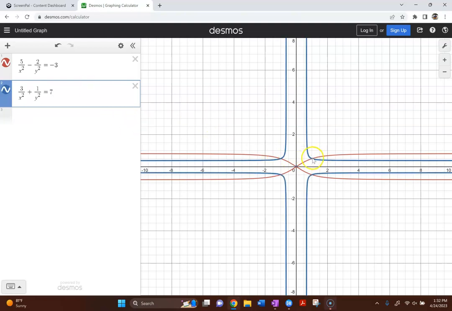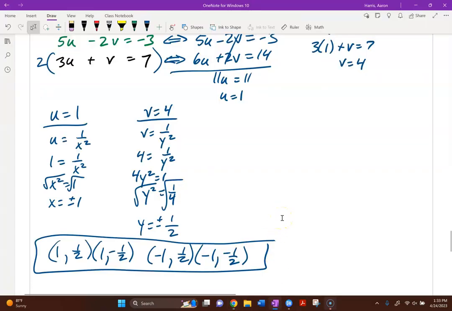So there's that point, 1 comma a half. Not sure why it's not showing that, but that's where they hit. And there's 1 comma negative a half. There's -1 comma a half, and there's -1 comma negative a half. And that's all our points there that we found algebraically as well.